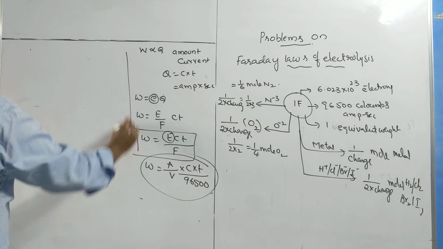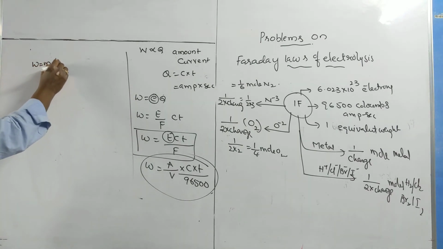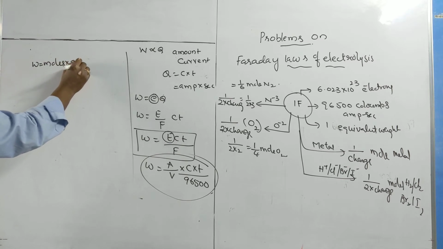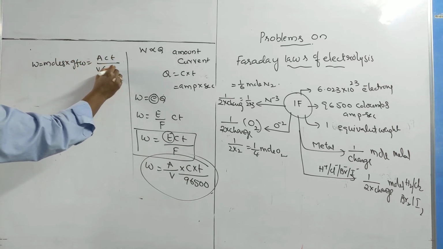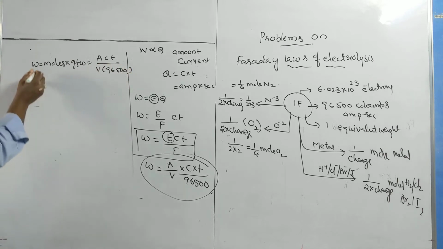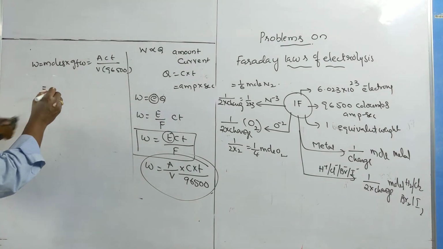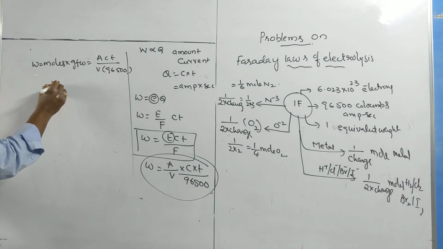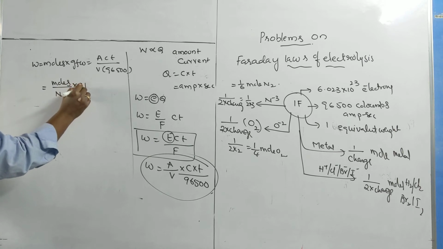Now in case of gases, weight is taken as moles into gram formula weight, which is equal to ACT by V into 96500. Or whenever we are given atoms or molecules, then we take molecules by Avogadro number into gram formula weight.